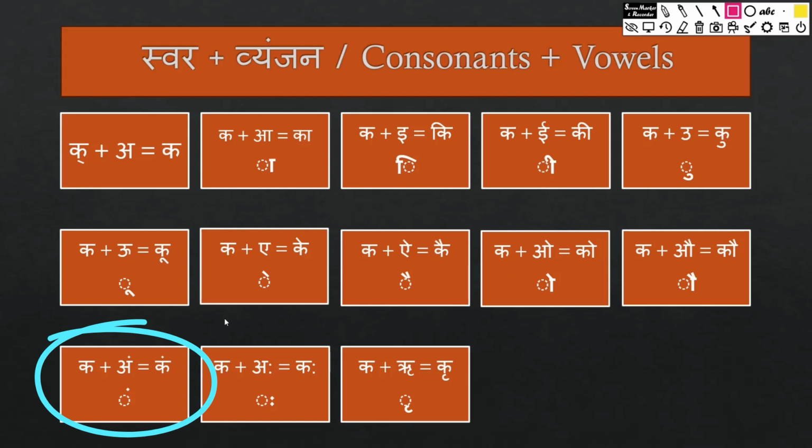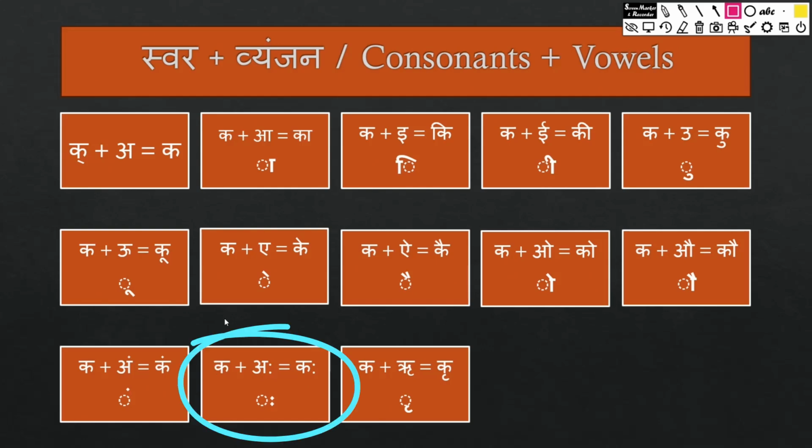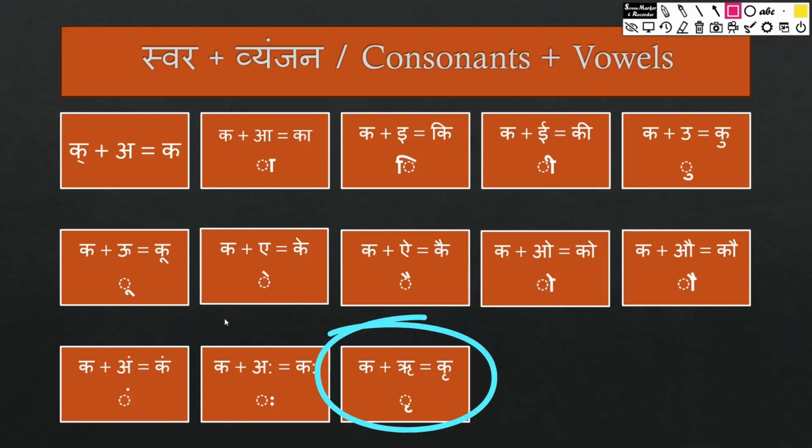Then ka plus am becomes kam, with a dot on top of the consonant. Ka plus aha becomes kaha, with two dots after the consonant in the vertical direction, not the horizontal direction, which means visarga. Ka plus ru becomes kru, and the symbol is a curve below the consonant.